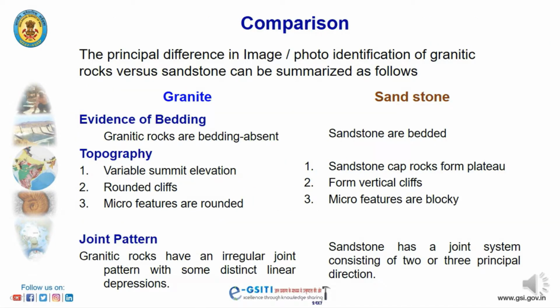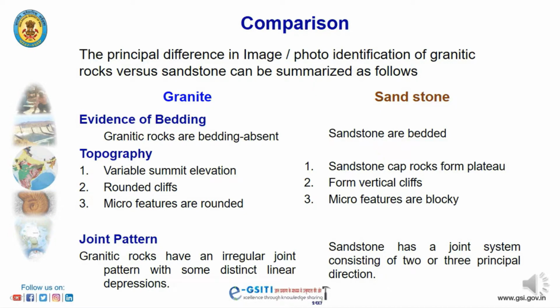Comparison of granite and sandstone terrain. The principal differences between the two are as follows. Evidence of bedding is absent in granites, whereas sandstones are bedded. Topography-wise, in granitic terrain, variable summit elevations are visible. Sandstone forms a flat plateau-like terrain.